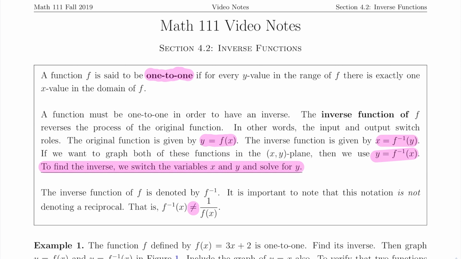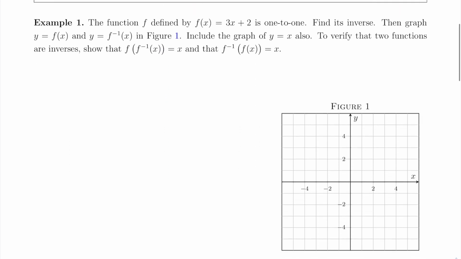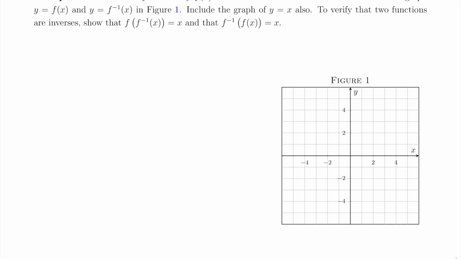It is not that. So let's go ahead and look at an example and see how this all looks in action. So we're starting with a function f of x equals 3x plus 2. You hopefully recognize that right away as a line. And a line is one-to-one, and therefore it has an inverse, and it is now on us to find that inverse.